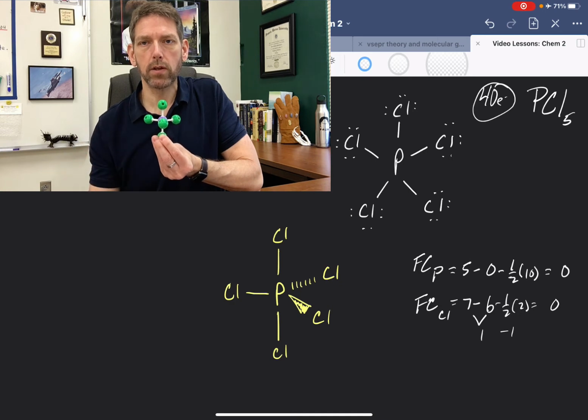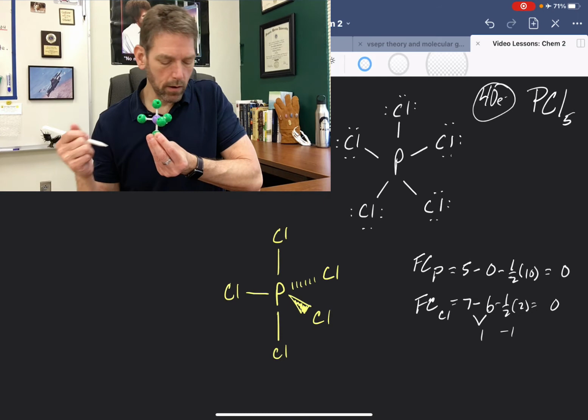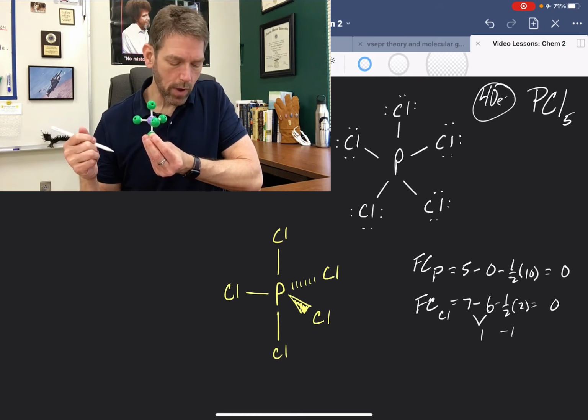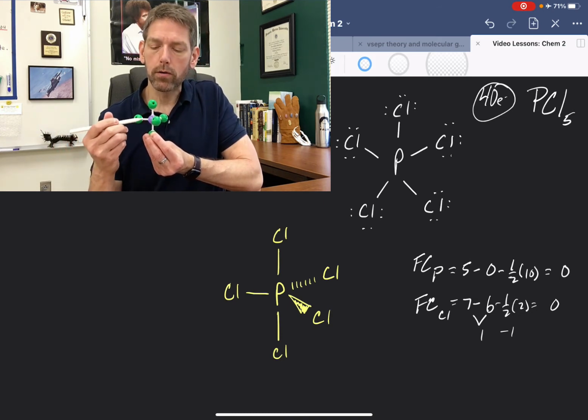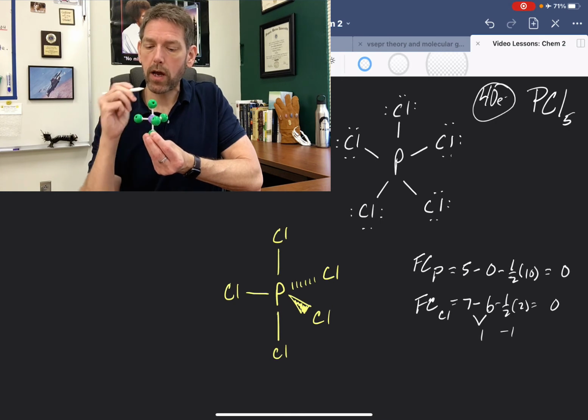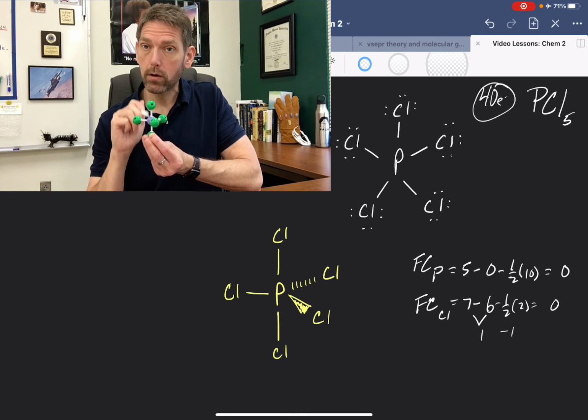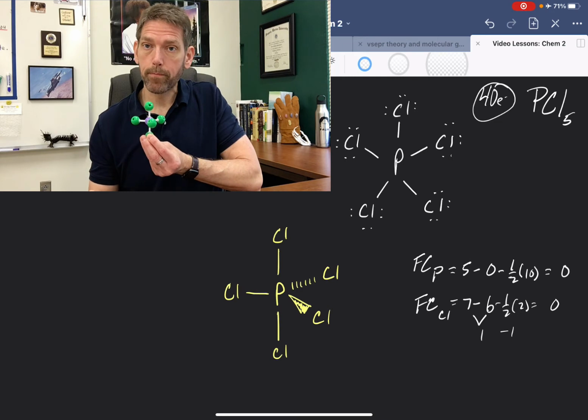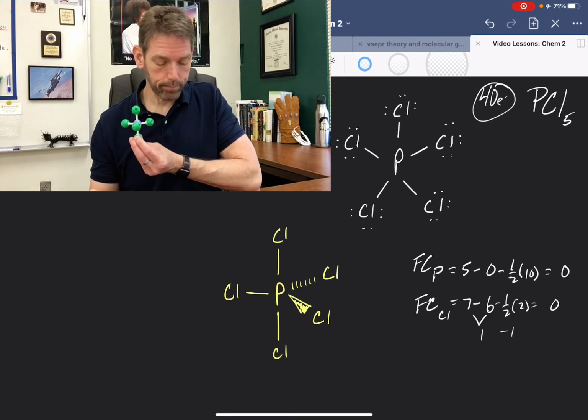So I'm going to rotate this a little bit so that it might better match what you have on the screen. And so this is coming at you. This is going back. So there's the dashed line. There's the wedge. Here's the one on the side, and here is our linear form right here.